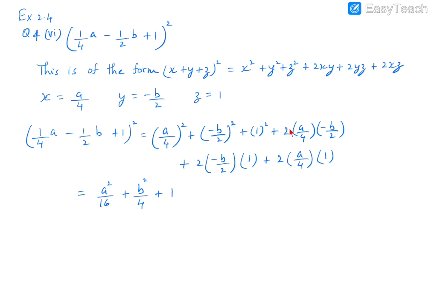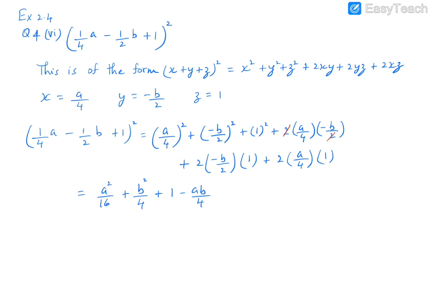In the term for 2 into a by 4 into minus b by 2, the 2 and 2 cancel out, so we get only a into minus b divided by 4, so that will be minus ab by 4, so that's minus ab divided by 4.